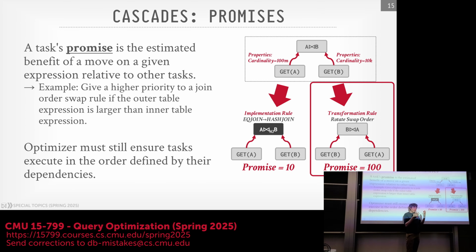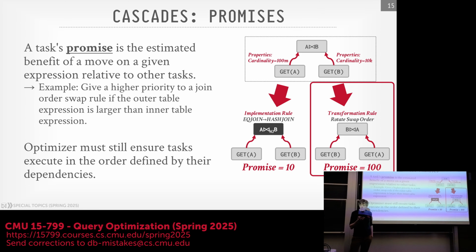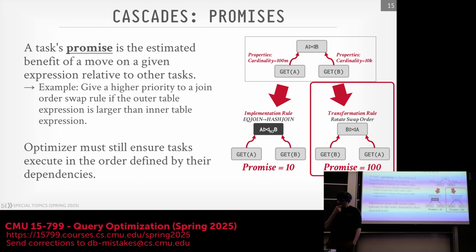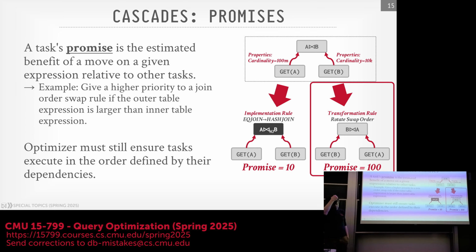So logically, the implementation may be correct, but the data being fed into the function that computes the promise may just be wrong. But again, we're not there yet. We'll cover that later in the semester. So is this clear? Okay, it's pretty simple. It's pretty clever. And obviously, you can expand this and do more sophisticated things.